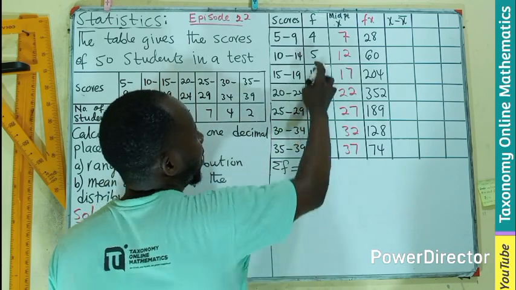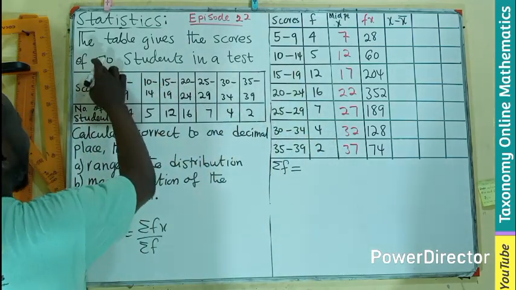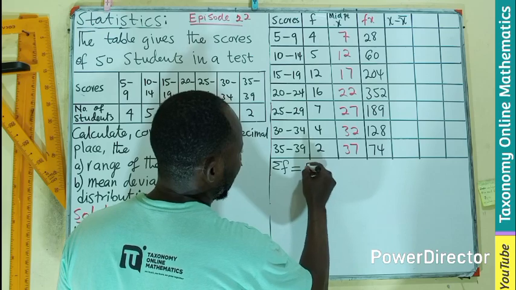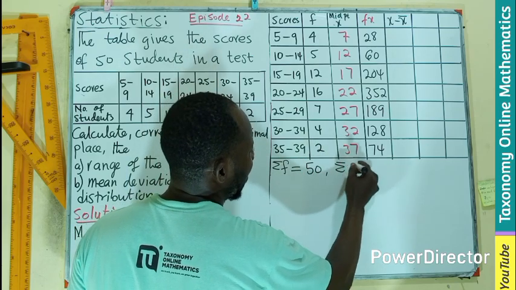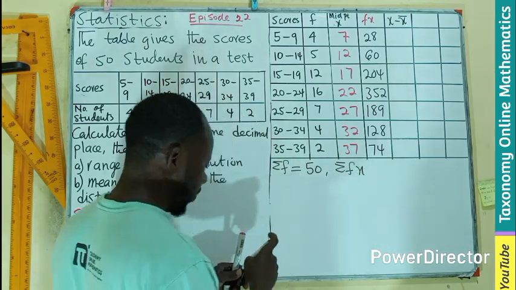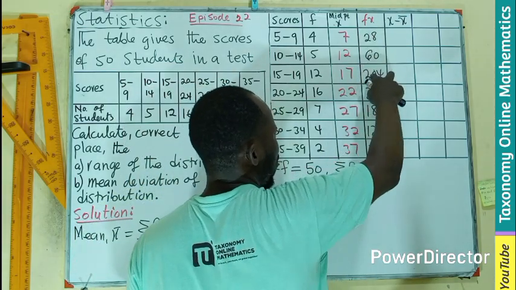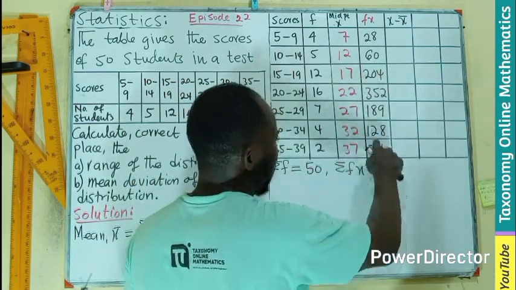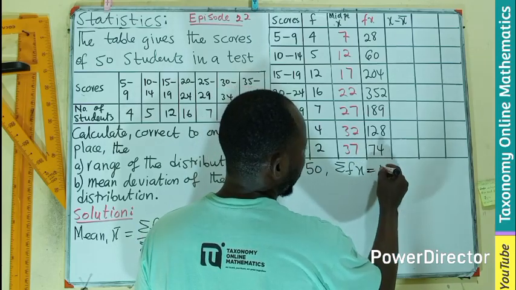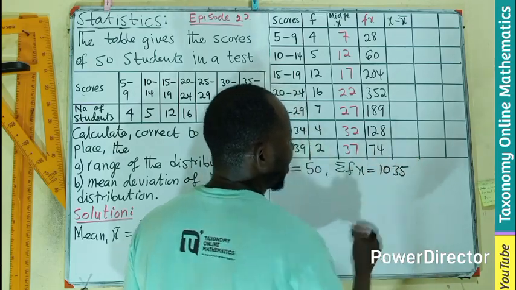Sigma f, adding all of this, for you to know what they are, 50. They are 50 people. Then sigma fx, meaning addition of all these values. If you add all of them, you should be getting 1035.